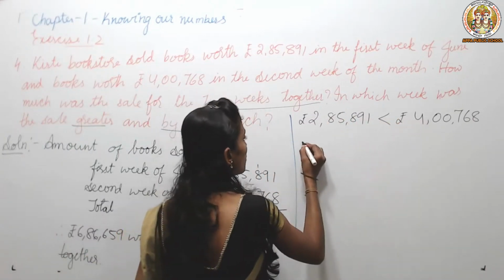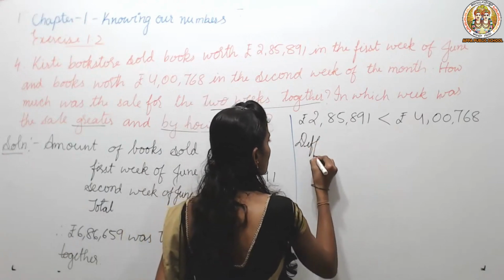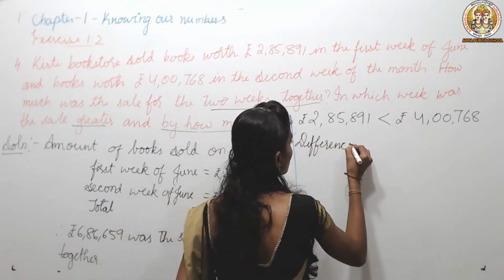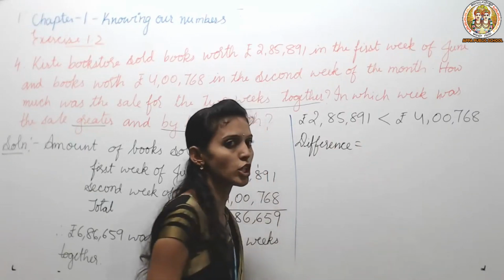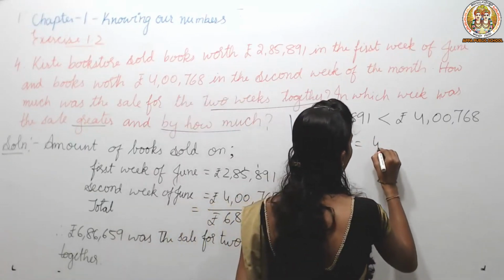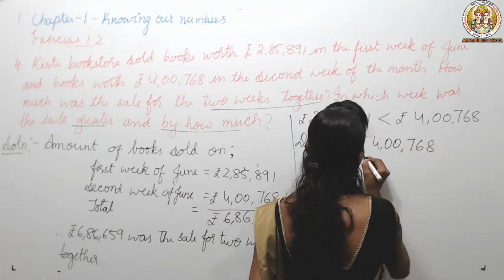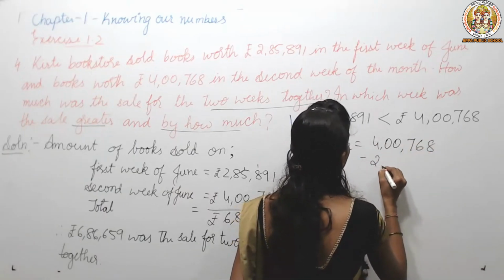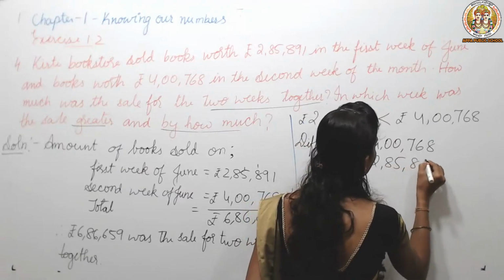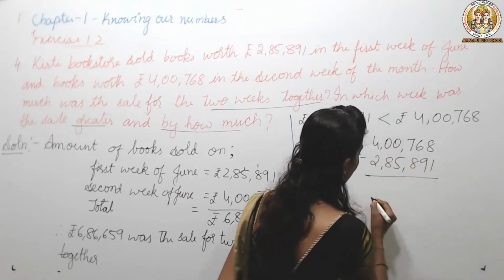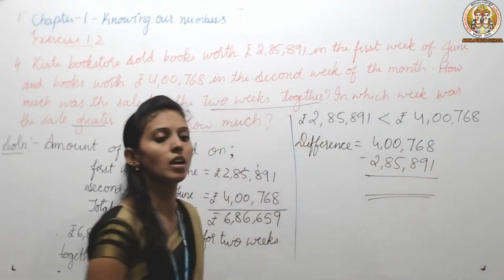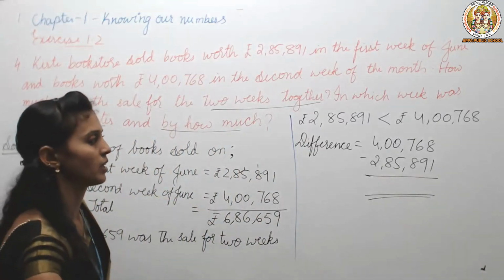To find by how much, we have to find the difference of these two. Difference is nothing but subtraction. So we have to subtract both, greater number first, 4,768 minus 2,85,891. How much will you get?